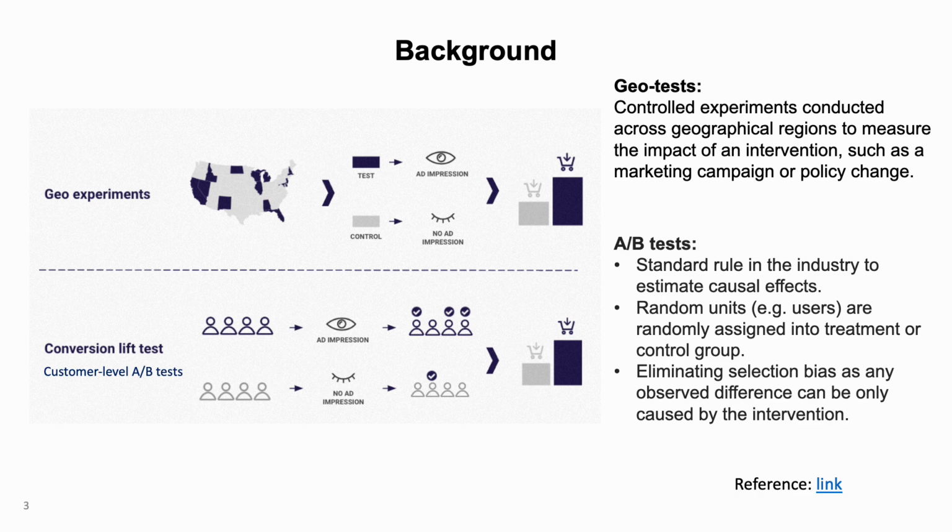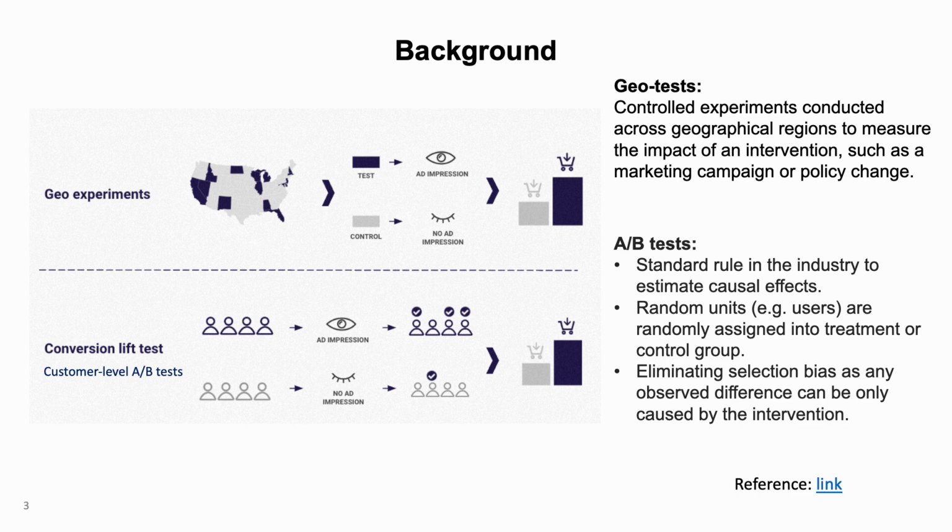To understand Geo-tests, or Geo-experiments, let's start with the A/B test. A/B tests belong to randomized controlled trials, which are the standard in the industry to estimate causal effects. In A/B tests, random units such as users or customers are randomly assigned into treatment or control groups.